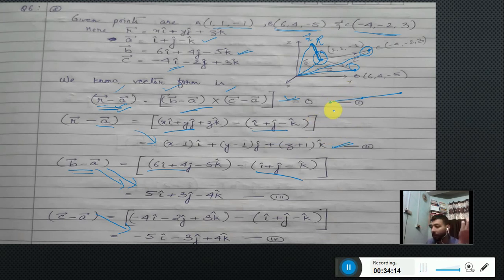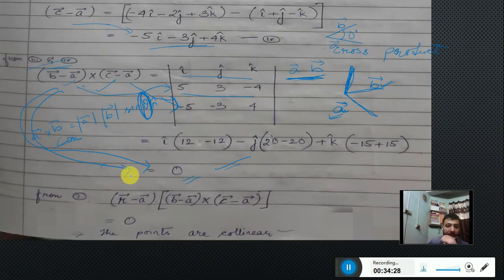Then you can say they are collinear. If they are collinear, we will not have the equation of a plane. Clear? So here I can say that if I put this 0 here, this whole thing will become 0 and then the points will be collinear.